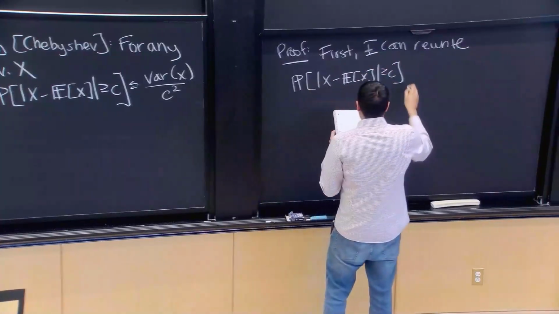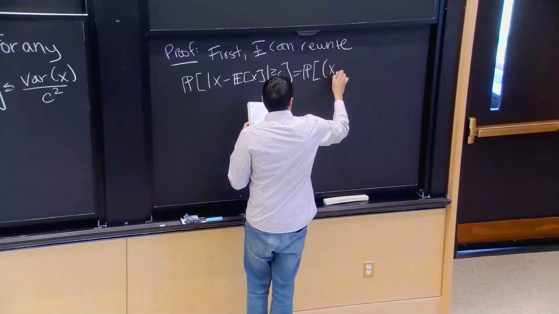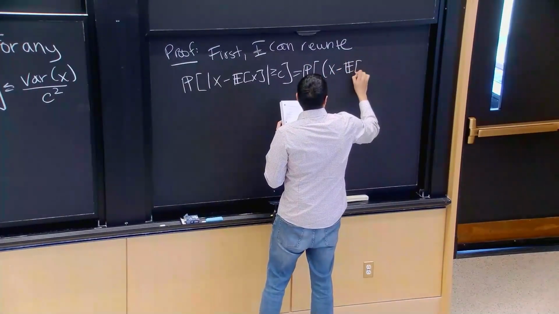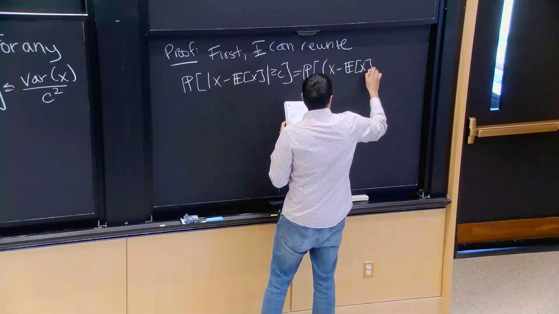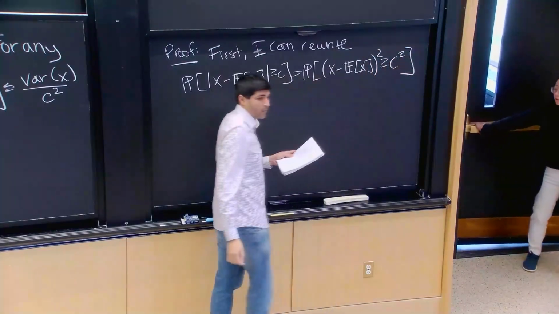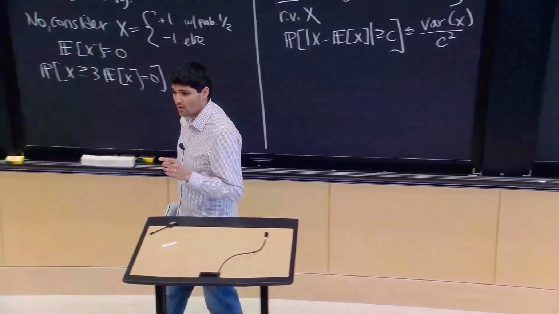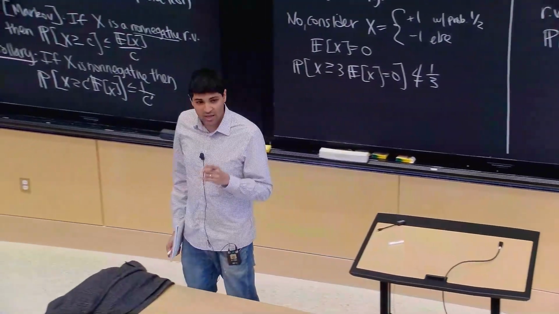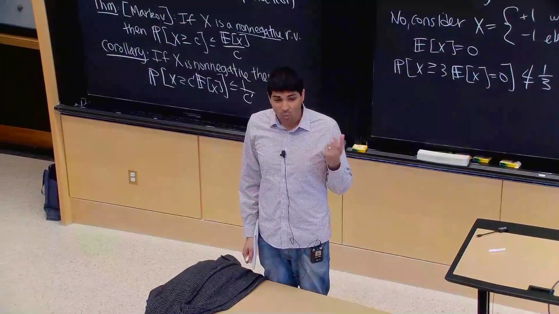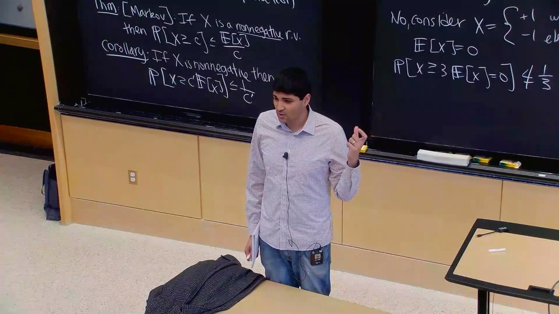I claim this is equal to the probability that (x minus E of x) quantity squared is at least c squared. Okay? So this is trick number one for Chebyshev's bound. It's not a hard trick to explain, but this is a trick. Why are these two probabilities equal? Why am I allowed to say that these two probabilities are equal?